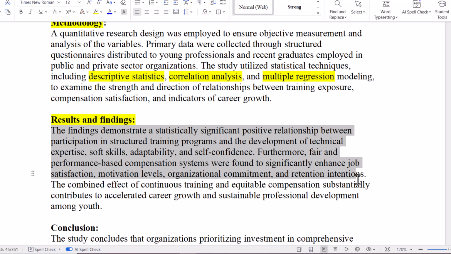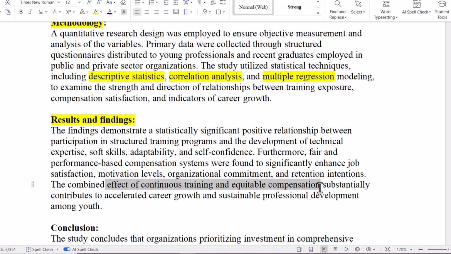Furthermore, fair and performance-based compensation systems were found to significantly enhance job satisfaction, motivation levels, organizational commitment, and retention intentions. The combined effect of continuous training and equitable compensation substantially contributes to accelerated career growth and sustainable professional development among youth. These results directly address the research objective.